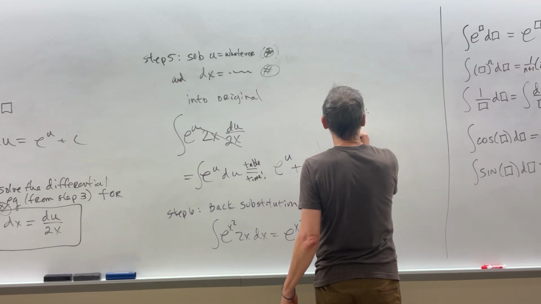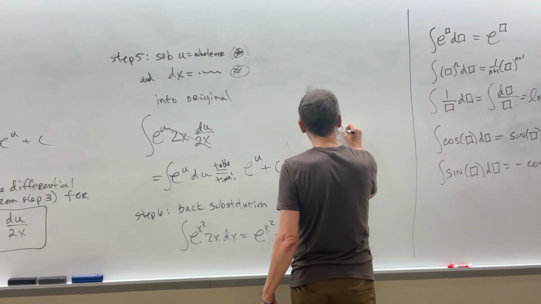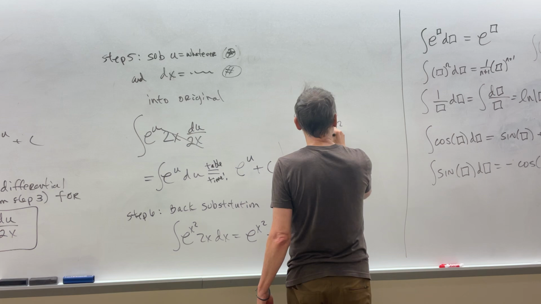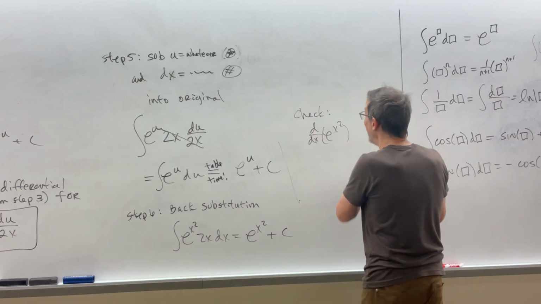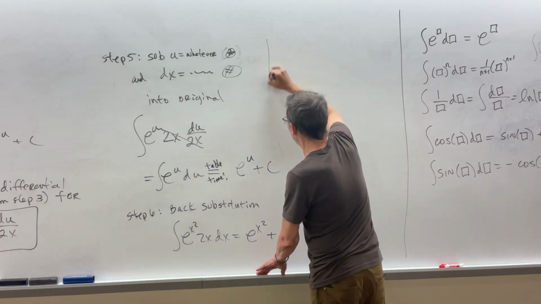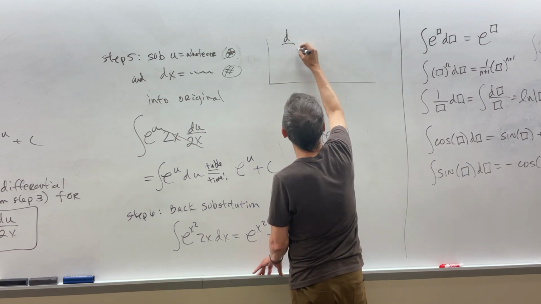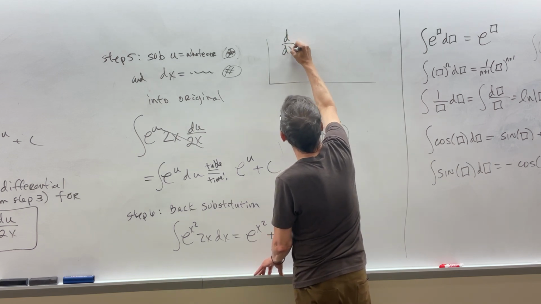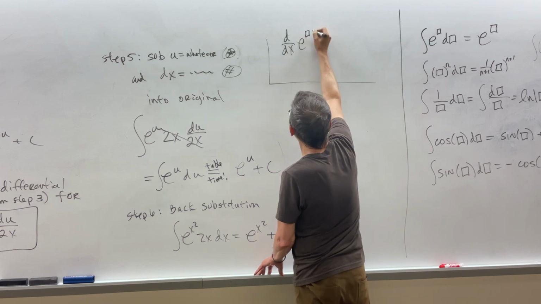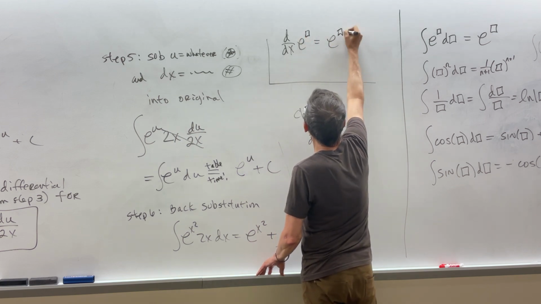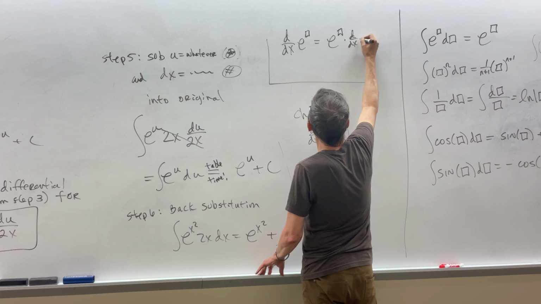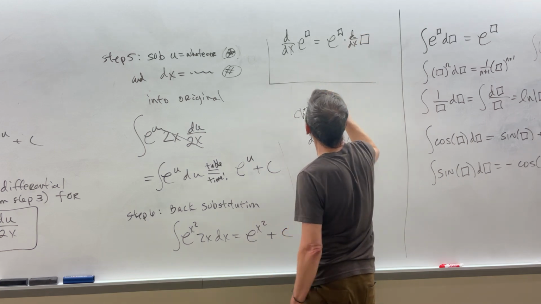I'm going to take the derivative of e to the x squared. And the way to do that is the rule that says the derivative of e to the something is e to the something times the derivative of the exponent. What rule is that from calc?